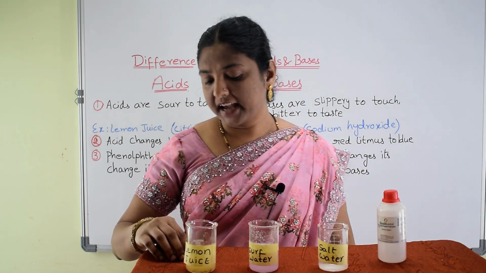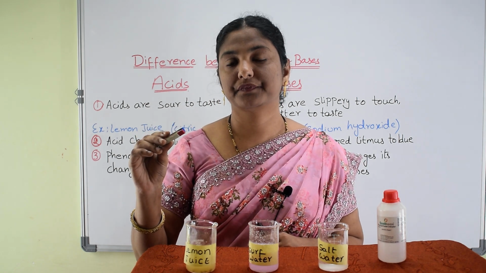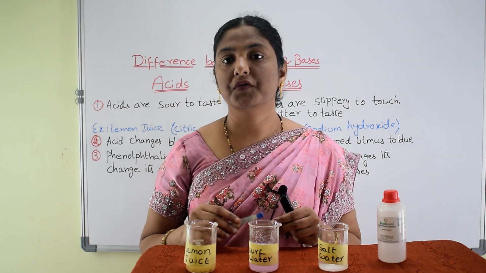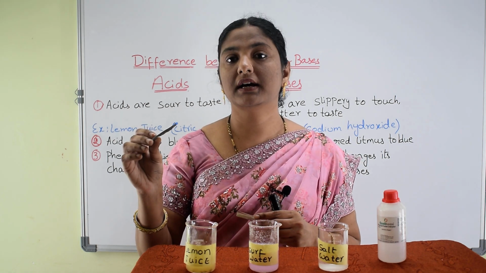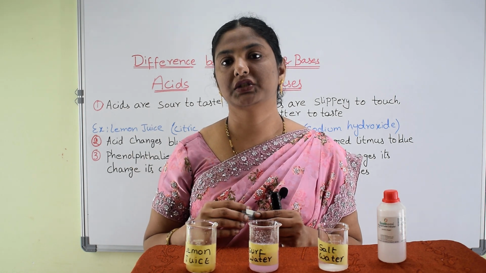First, I am explaining about litmus papers. This litmus paper is of two types. The first is blue litmus paper, and the next is red litmus paper.